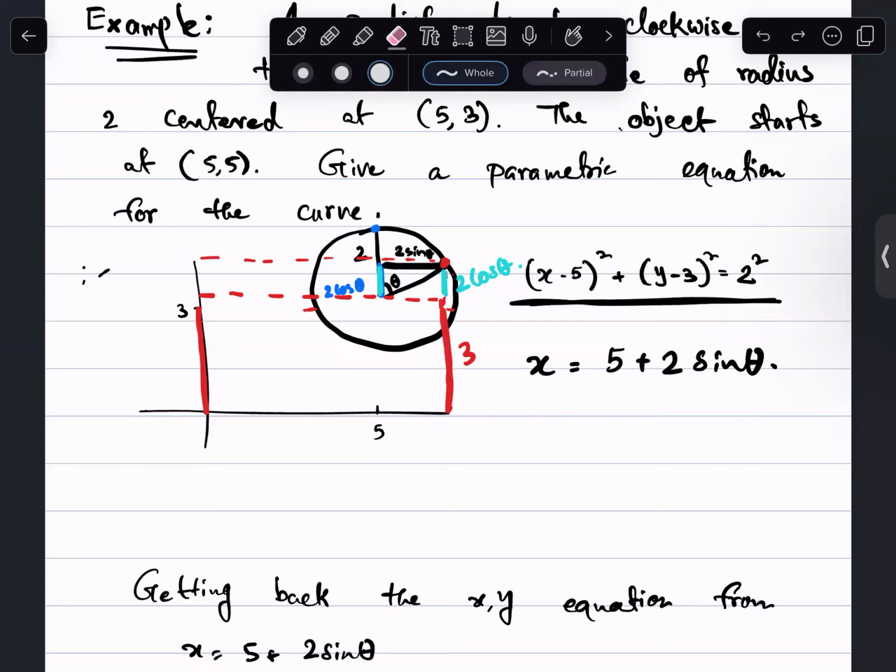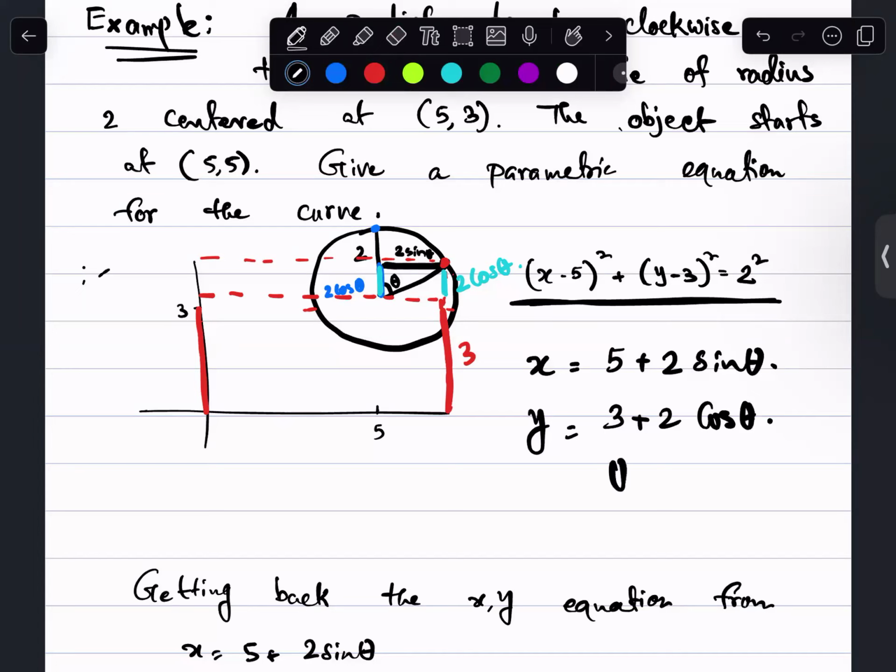Okay, now let me clear the picture a little bit. So y is 3 plus 2 cosine theta. And now theta should be in between 0 to 4 pi. Why 4 pi?